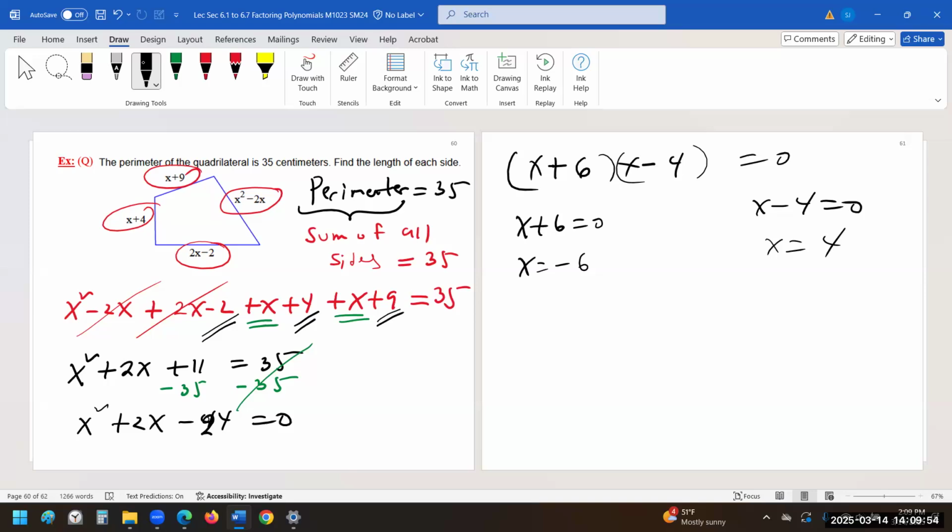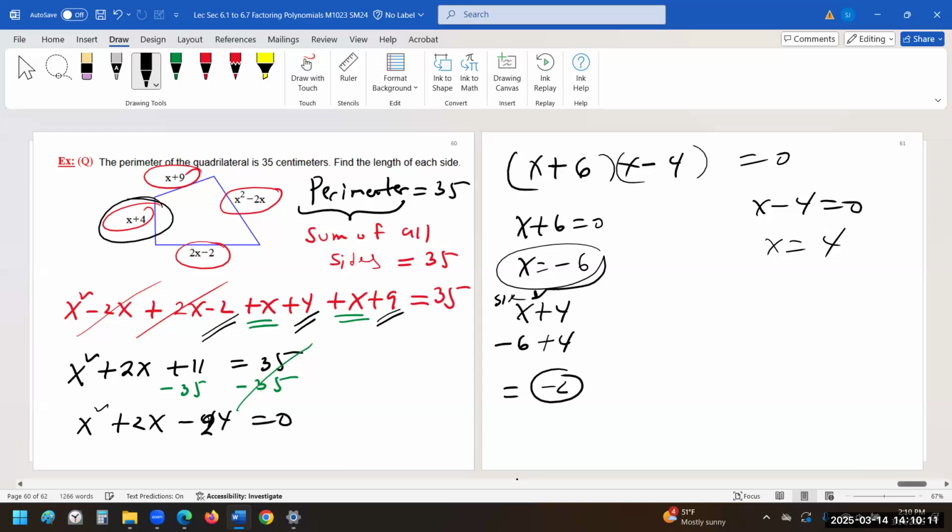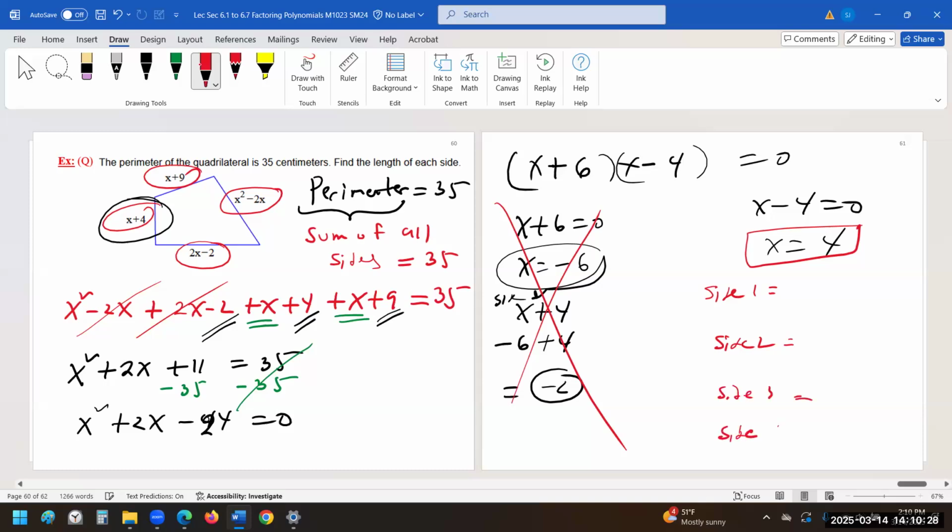And do we see any problem because of the negative? For example, let's take this side. X plus 4, if x is negative 6, then we get our side negative. Can you have a negative side? So we wasted our time. So this is x, and then you solve for each side: side 1, side 2, side 3, side 4.